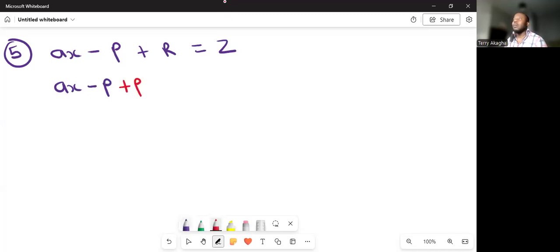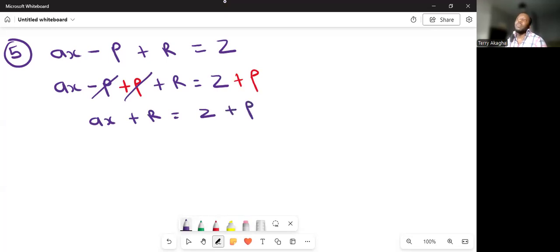Then plus r is equal to z plus p, because what you do to the left-hand side, you have to do to the right-hand side. So the minus p will cancel the plus p. So we now have ax plus r is equal to z plus p. Now I need to get rid of the r, so I'm going to subtract r from both sides.